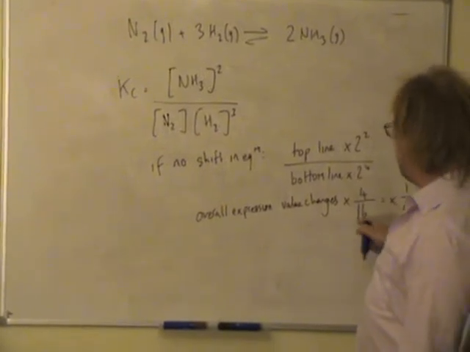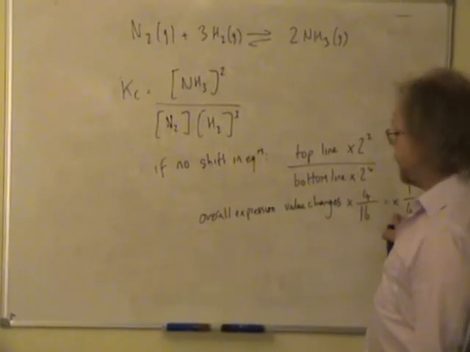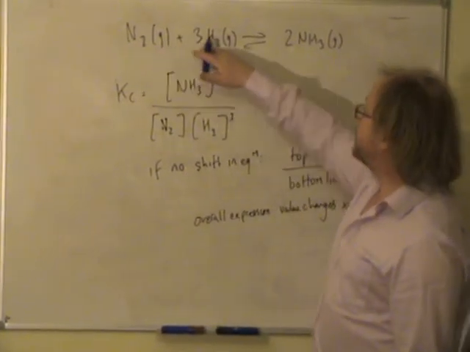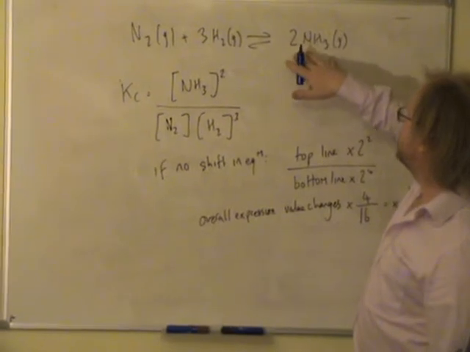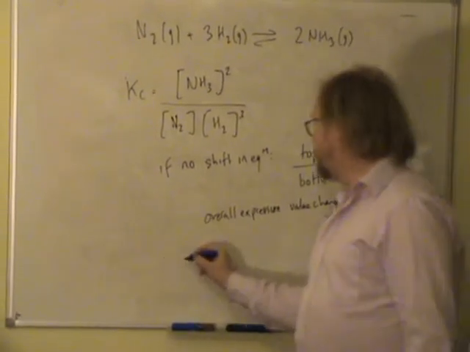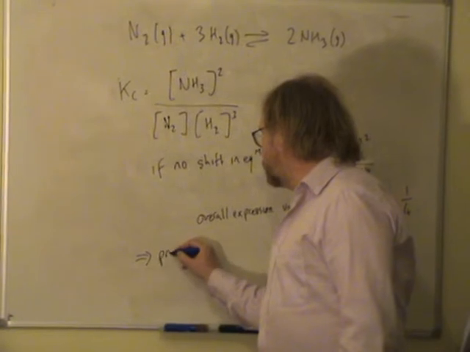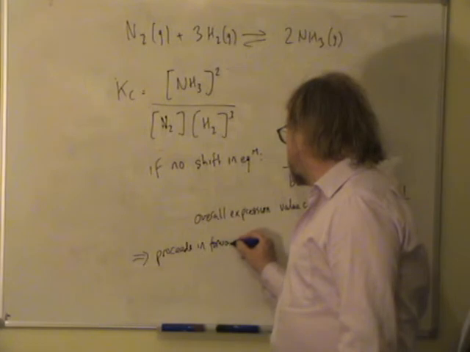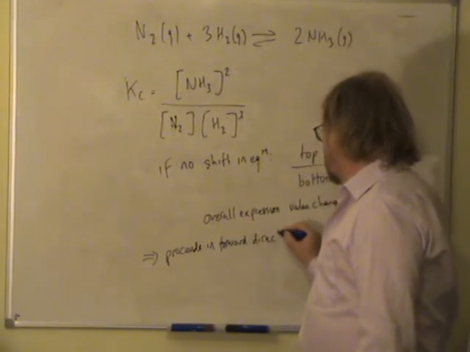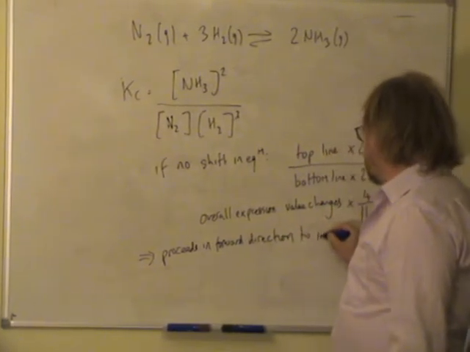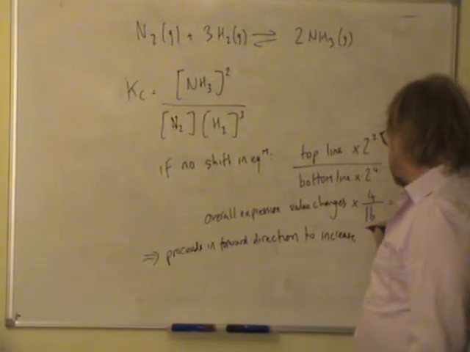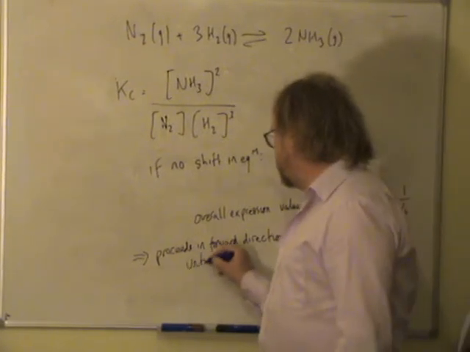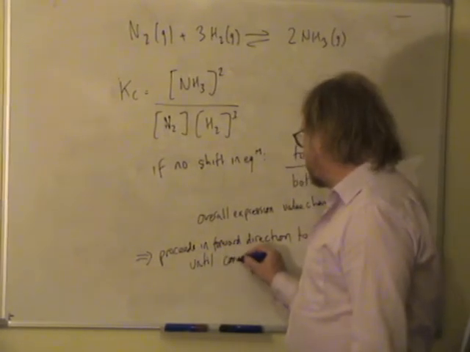And you can see that in order to come back to its original value, if it's now dropped to a quarter of its original value, the reaction has to proceed in the forward direction to increase the value of the top line. So you say it therefore proceeds in the forward direction to increase the ammonia concentration until it's consistent with Kc again.